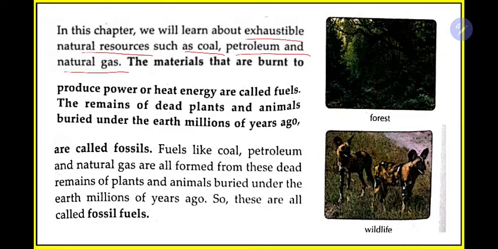That means millions of years ago, during the destruction of earth or some other activities, some animals and plants were buried under the land, that is the soil, and these are now transformed into fossils. So fossils are nothing but the dead remains of past organisms, animals or plants. Okay, so what is fossil fuel? Now combine these two. The fuels which you obtain from fossils, like petroleum and coal, are examples of fossil fuels.